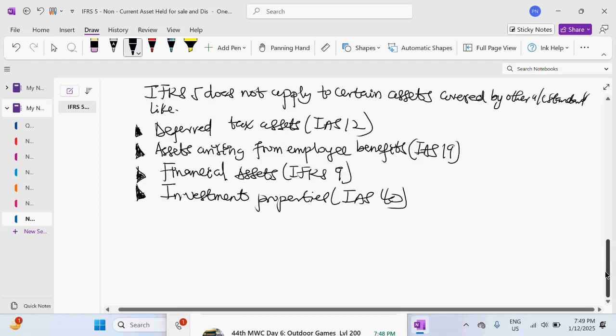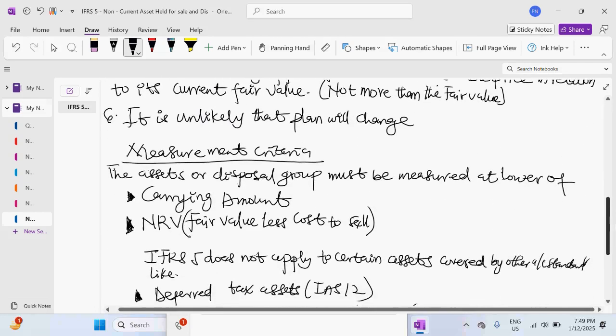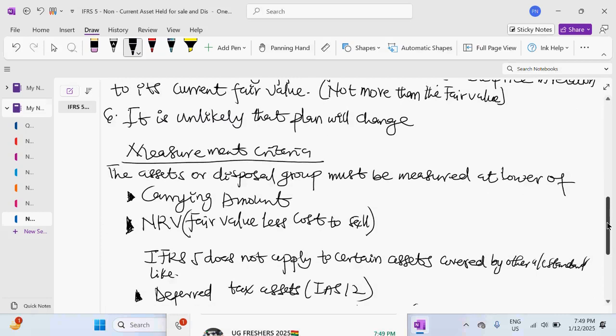All right. So I believe you know that it is measured at net realizable value, right? So that is fair value less cost to sell.